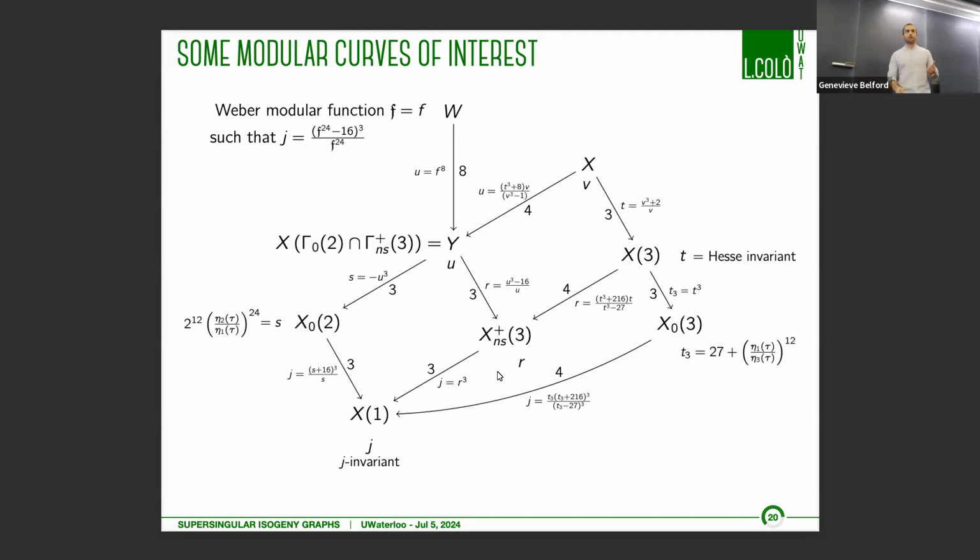And as I said before, the modular polynomial becomes smaller and smaller the more you climb up the modular tower. So being genus 0, but still having a high degree over X1 means that the modular polynomials that you're going to construct are way smaller than the ones that you have to use over X1.